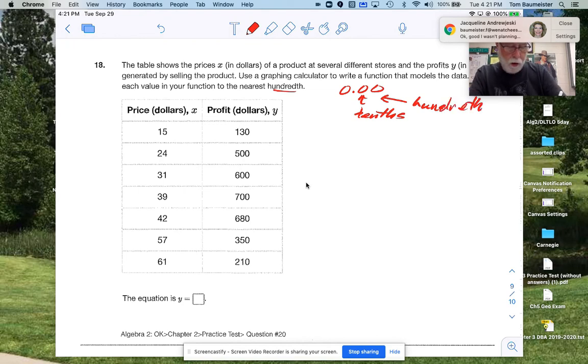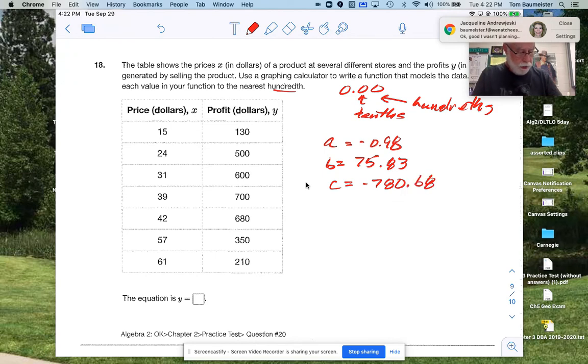So if we remember on that, what you should have gotten is A is equal to negative 0.98. Round correctly, right? B, you should have 75.83. And C, you should have negative 780.68.